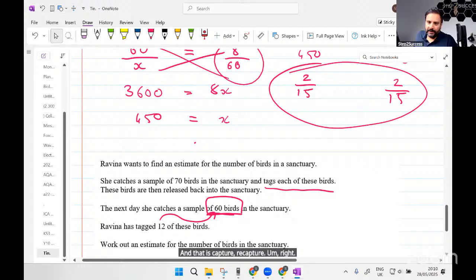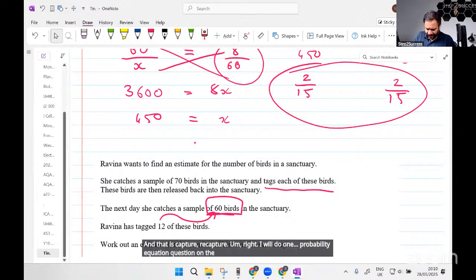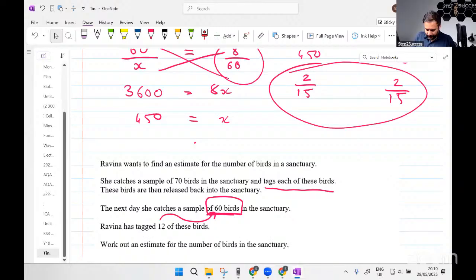Right. I will do one probability equation question, and this will be painful for some if you did this exam, because I'll try and find the exact one.